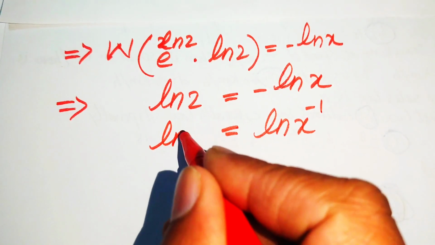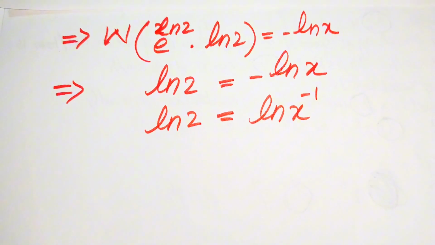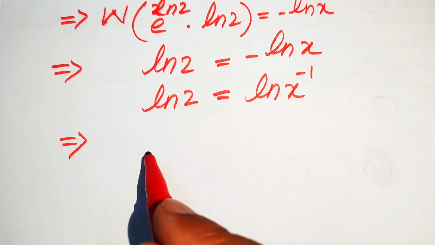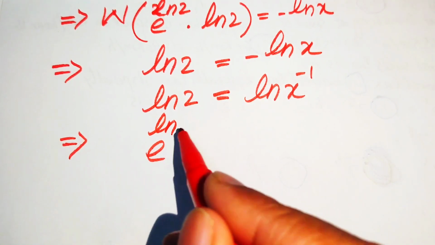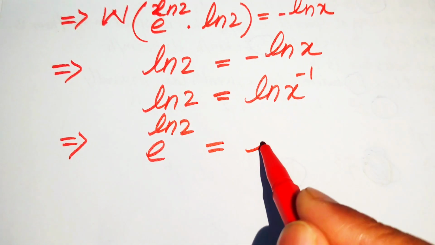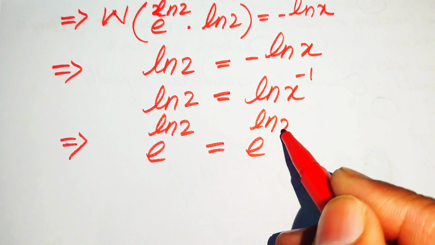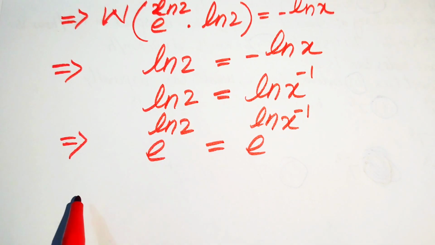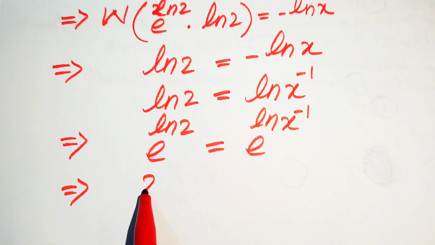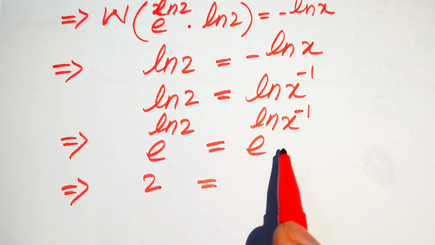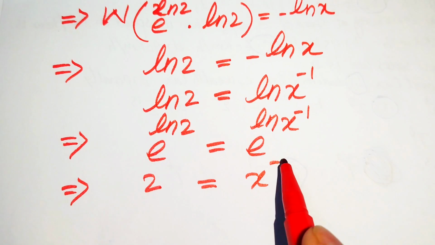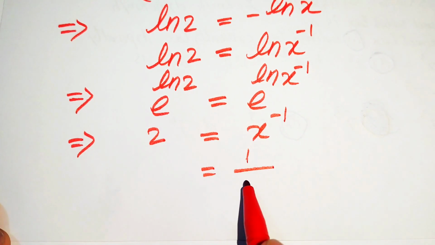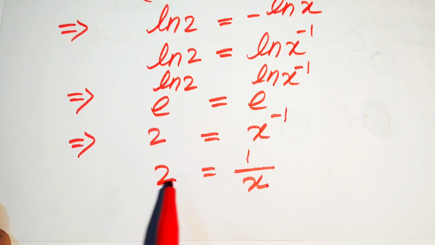In the left hand side we have log 2, and now in order to remove this log, we need to take the anti-log on both of the sides, and it will become e to the power of log 2 equals e to the power of log x inverse. So this e and log are cancelled by each other, and you get in the left hand side 2 equals x inverse. So we write this x inverse as 1 over x equals 2.